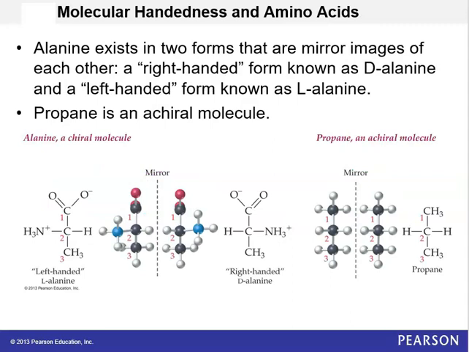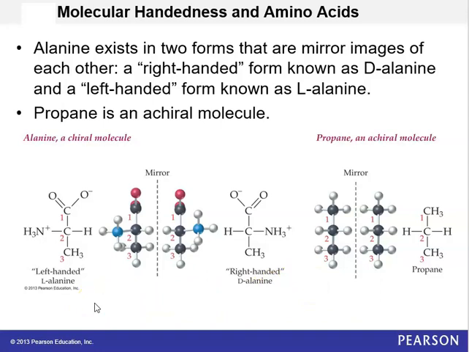Here we're talking about amino acids, and this is an example of alanine, both the left-handed version, L-alanine, and the right-handed version, D-alanine. The L stands for laevus, which is left, and D stands for dexter, right. We also talked about this in organic chemistry.